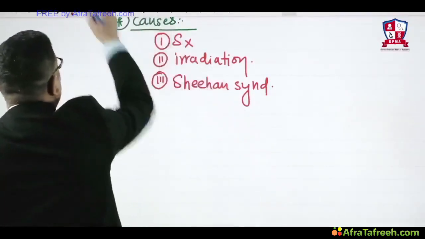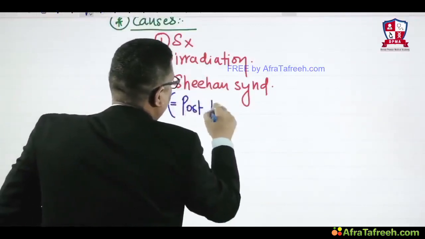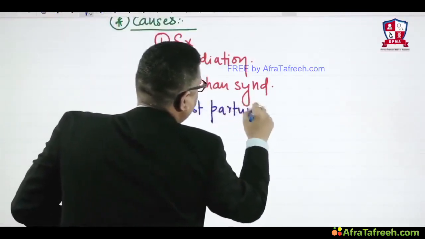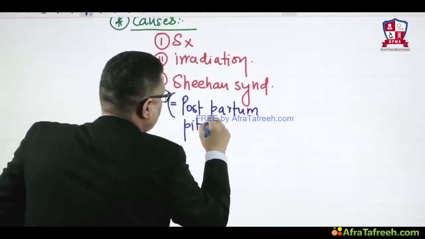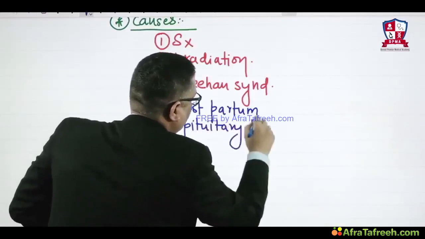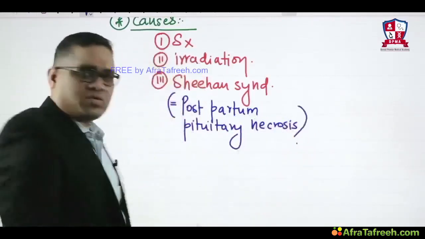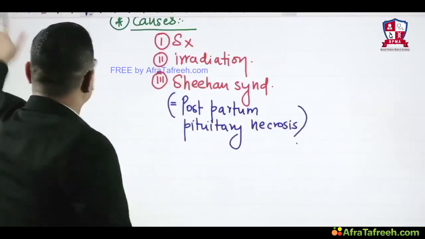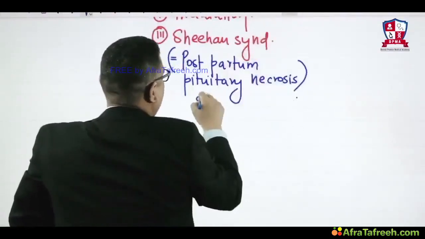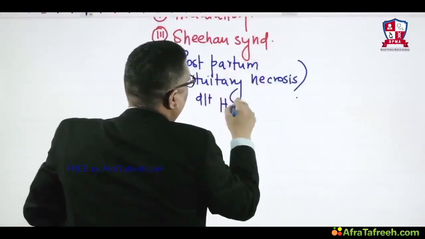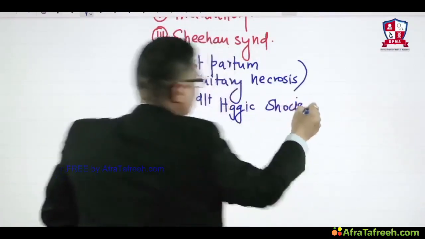Sheehan syndrome is postpartum pituitary necrosis due to hemorrhagic shock, right? So postpartum pituitary necrosis due to hemorrhagic shock is called Sheehan syndrome.